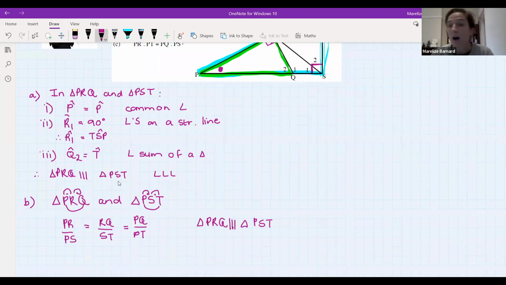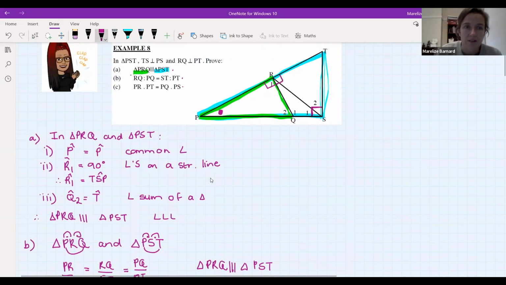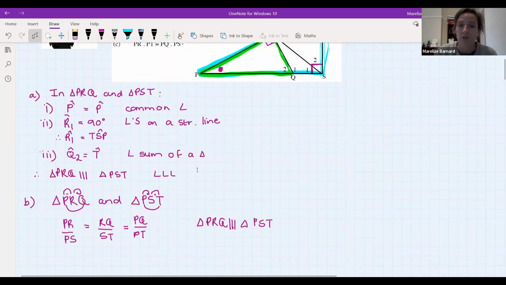Okay, now that is where we start to do questions like this. Now, what do we need? We need to prove that RQ to PQ is ST to PT. Now, remember, this is written in ratio form. We can change that and write it as fractions, because fractions are the same as ratios.